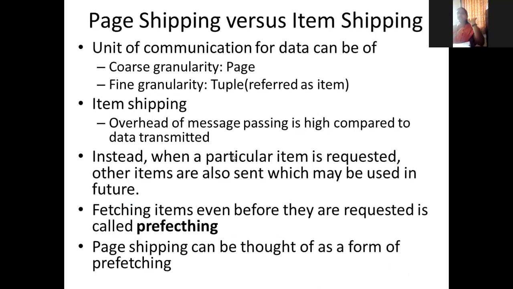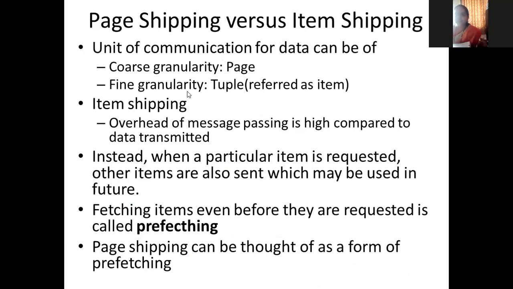So the first issue of a data server is page shipping versus atom shipping. The unit of communication for data can be coarse granularity or fine granularity. You should already know the difference between coarse and fine granularity.